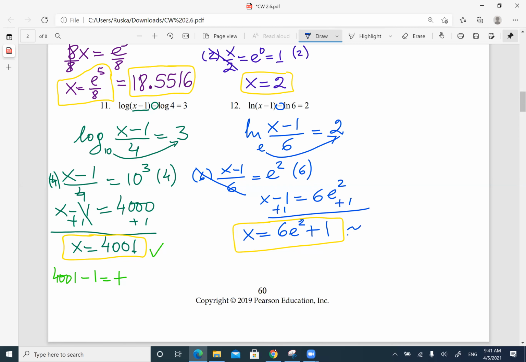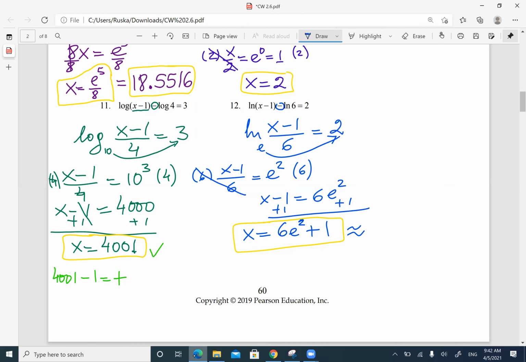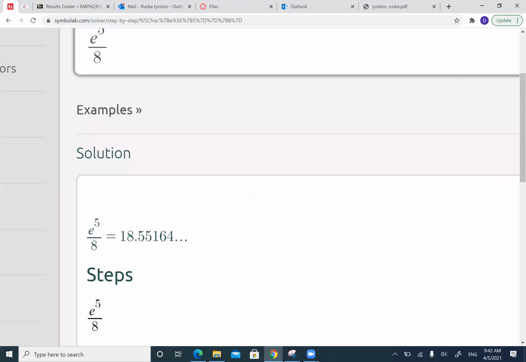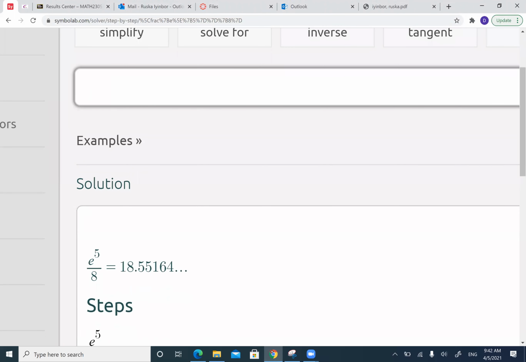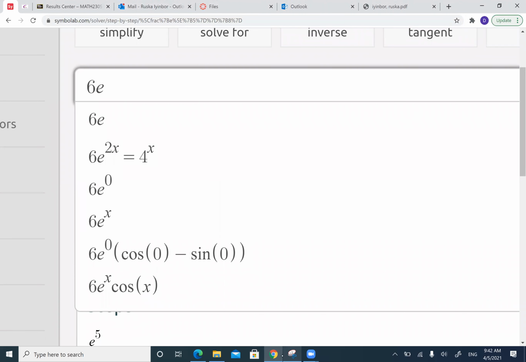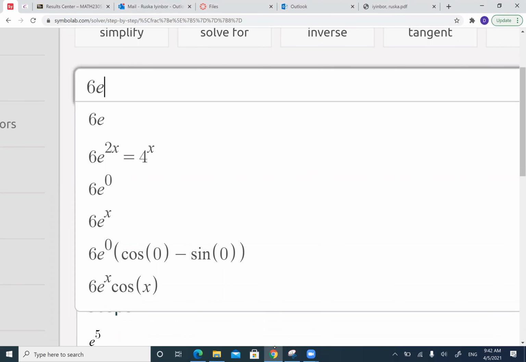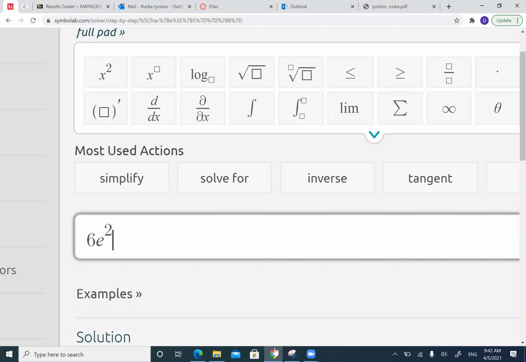I'm going to put it in the calculator. So it's 6e squared plus 1. Let's go ahead and plug that in. So we have 6e squared plus 1.